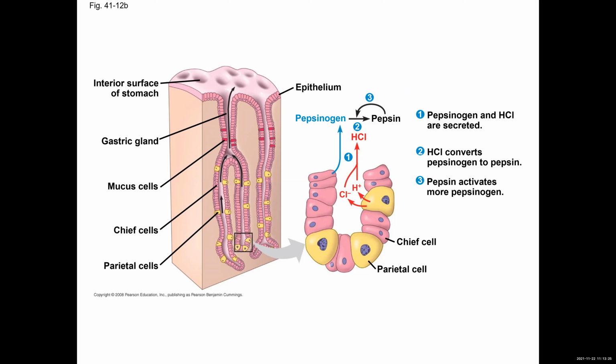All right, so pepsinogen is a protein that's very similar to pepsin. It's almost pepsin, but it's not active. Right? It gets converted into pepsin when it mixes with this acidic environment, and then the pepsin itself also helps catalyze the transformation of pepsinogen into pepsin.